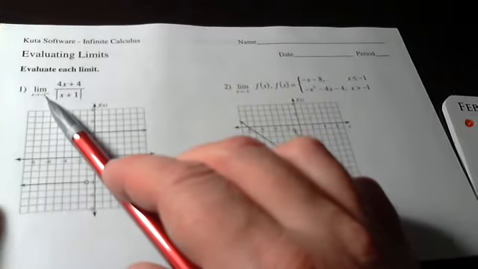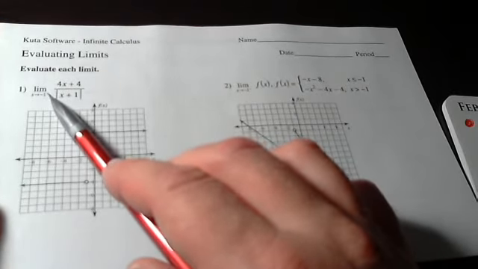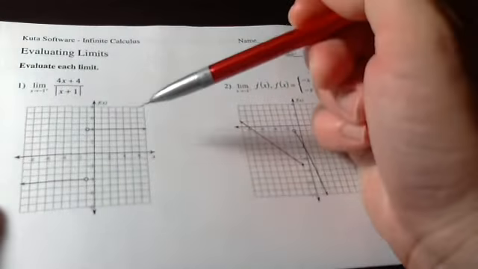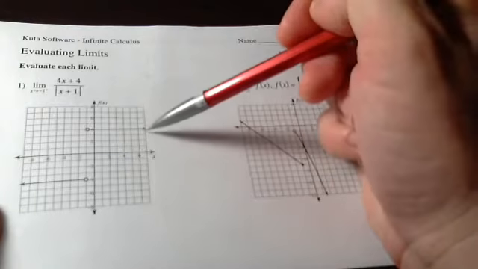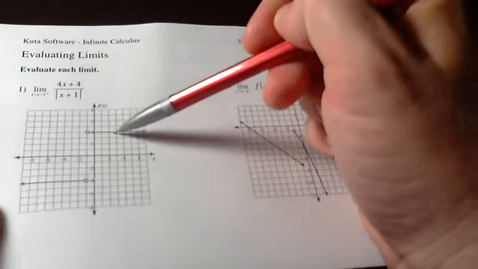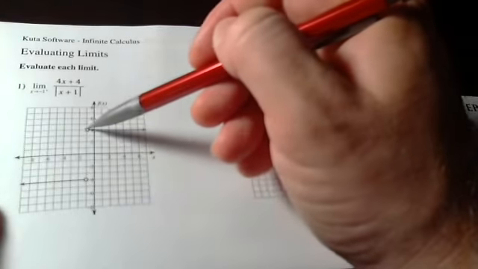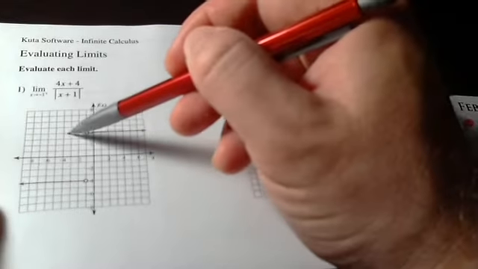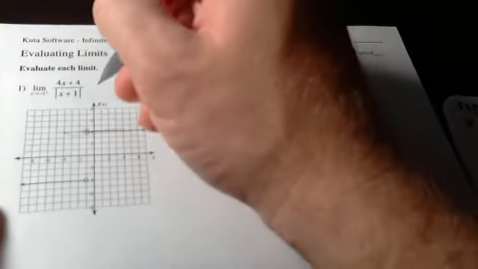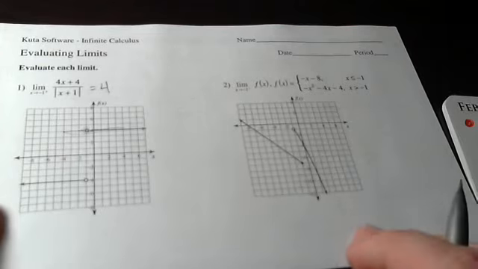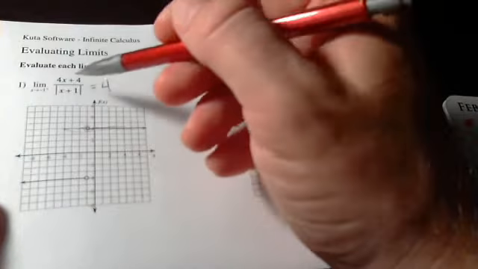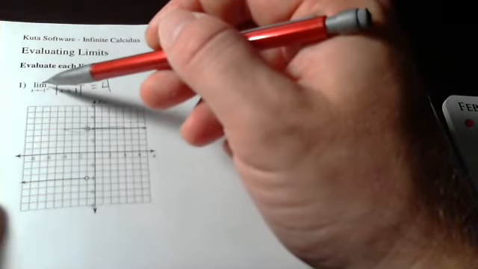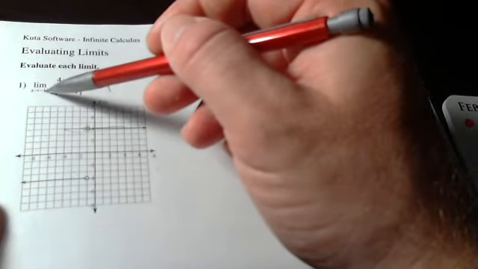The limit as x approaches -1 from the positive side of this function, 4x plus 4 over the absolute value of x plus 1. Okay, so here's what happens. As x approaches -1 from the positive side, the function stops right here. And this y value is +4. So this limit would be +4, which differs from if the question had said, what is the limit at x equal -1?